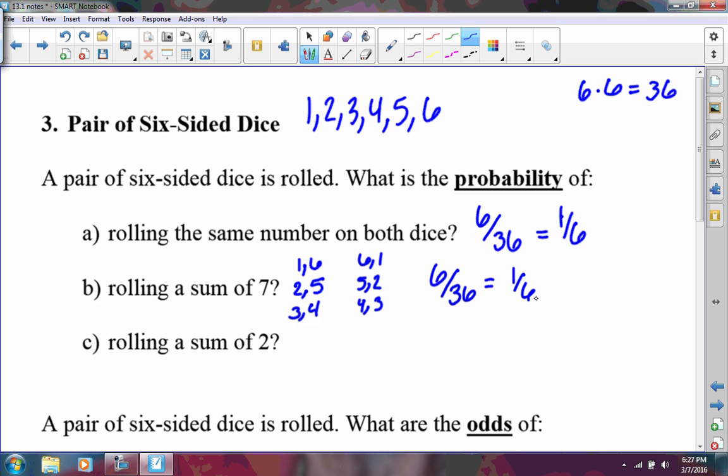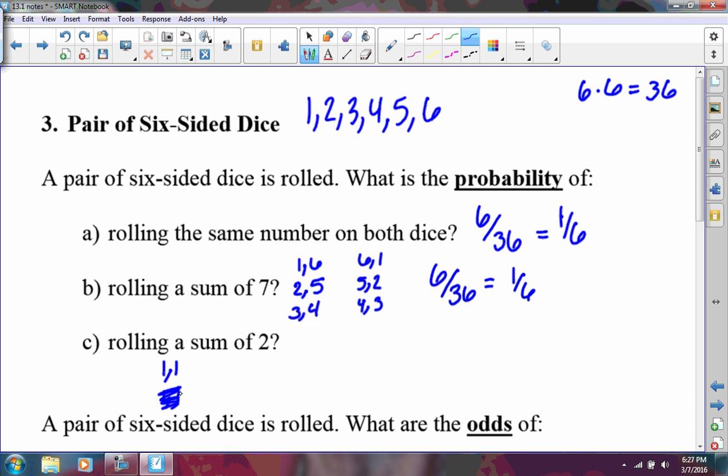And then rolling a sum of 2, there's really only one way we could do that. We could roll a 1 and a 1, and technically we could also roll a 1 and a 1. So if the first die is a 1 and then the second die is a 1, or if the second die is a 1 and the first one, oh, what am I thinking? No, never mind. That's the same thing.